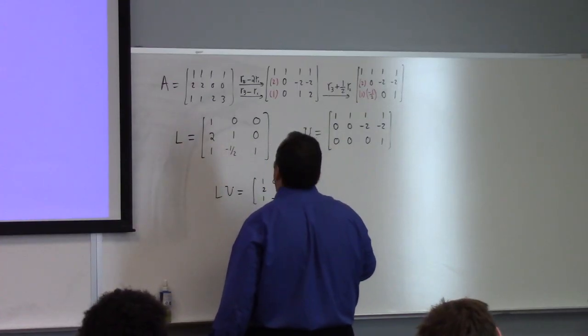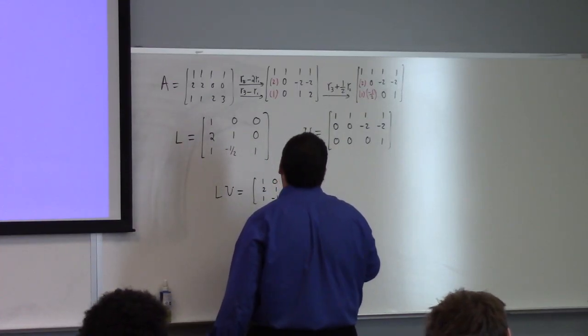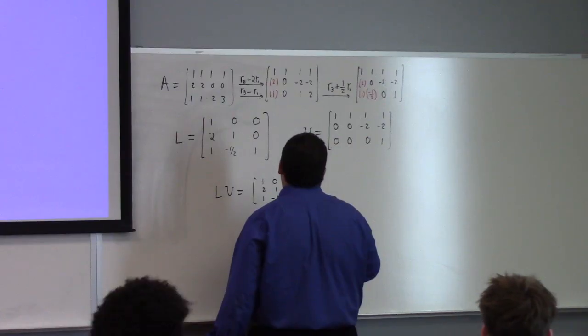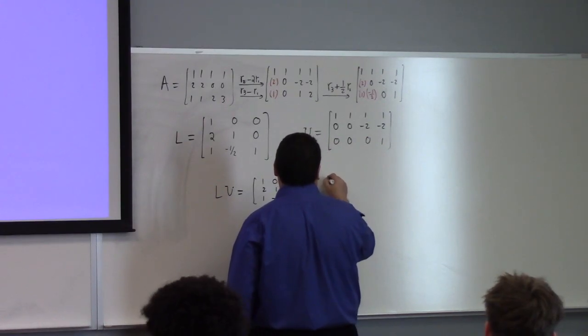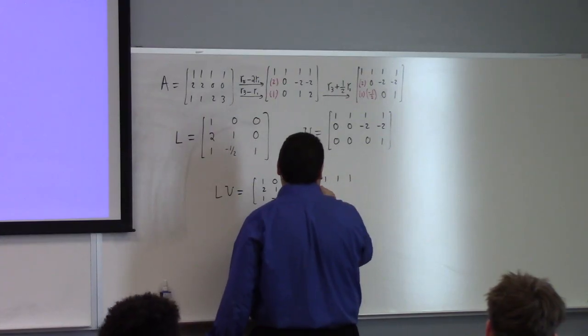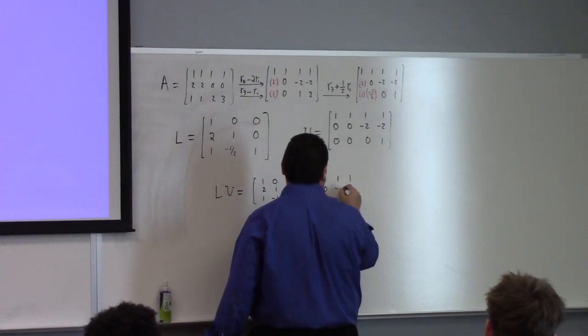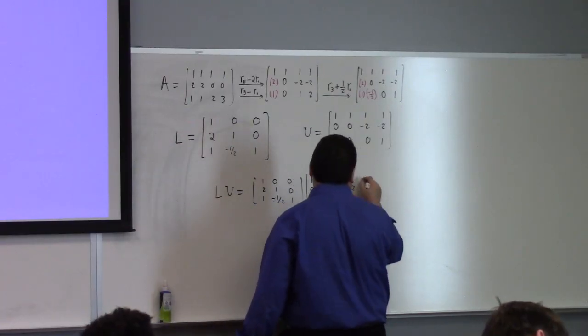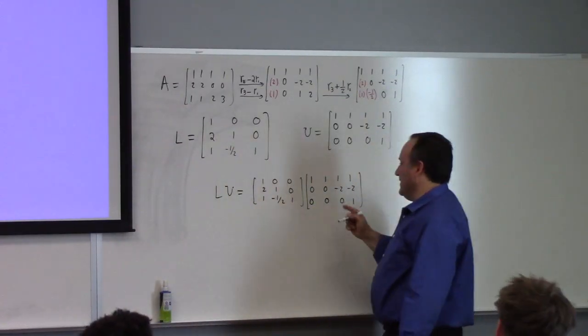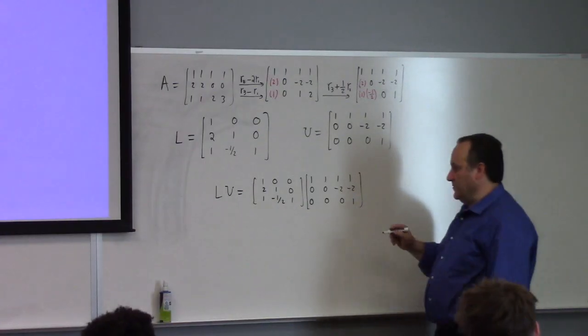Wait a minute. So I'm just having a moment of, can I multiply these matrices? That's not a good thought to have this far into this. Let's see here. Yes, we can multiply this. This is a 3 by 3 times a 3 by 4. These are multipliable.